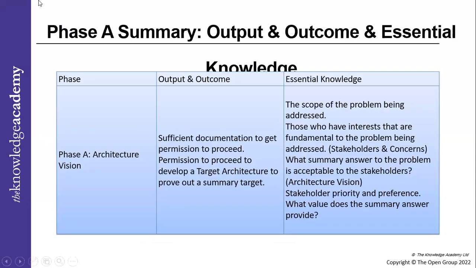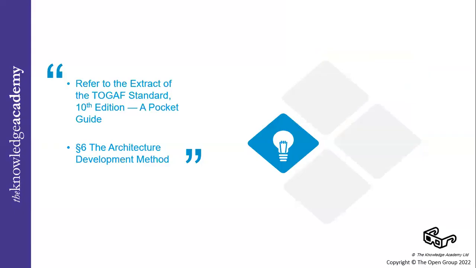For example, they may ask you a question where they will not give you the phase; they will just mention the output, and you have to identify the phase. So make sure you go through it, even architecture vision, because we already went through this once; otherwise you won't remember. Two questions normally come from output and outcome. Okay. Next one.